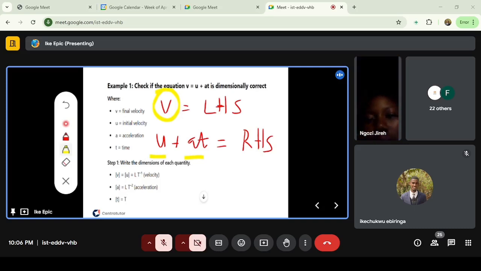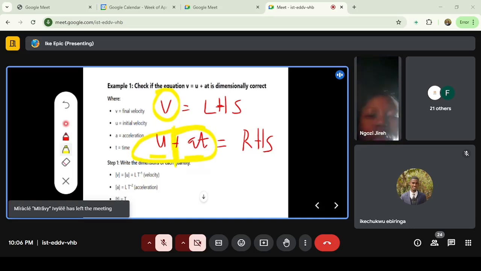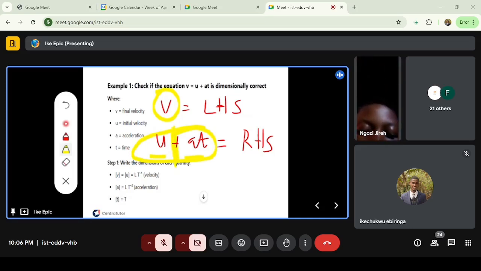So let me stop talking so much. You will check the dimension of what is on the left hand side and also the dimension of what is on the right hand side. But once there's a plus, it acts like a breaker that splits the right hand side into independent units.